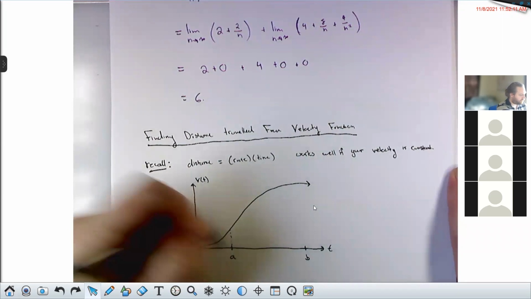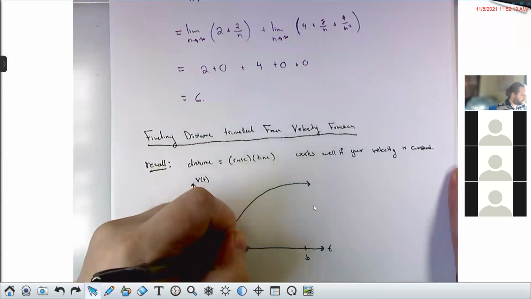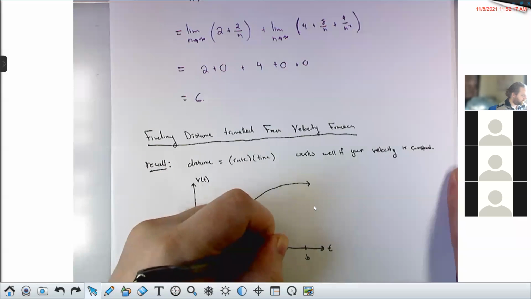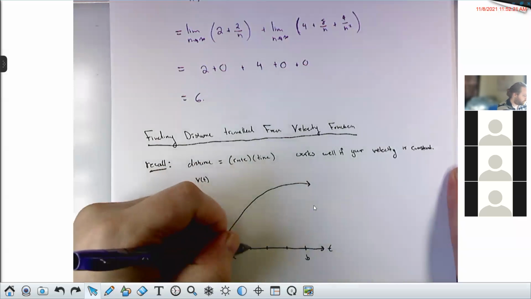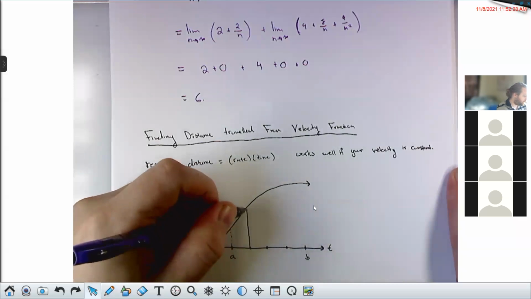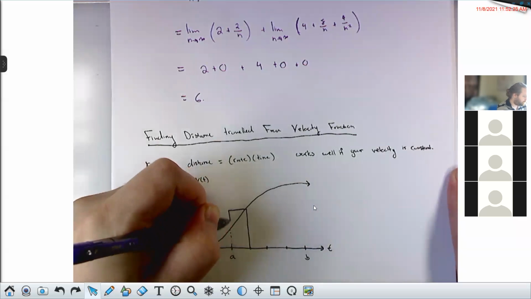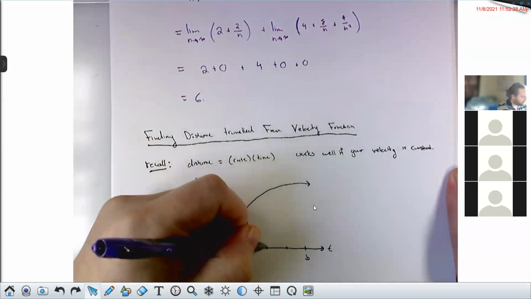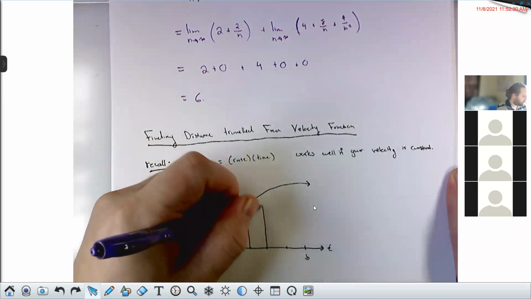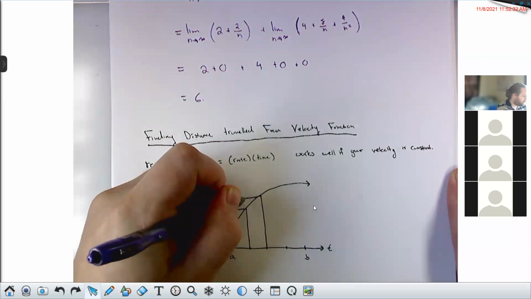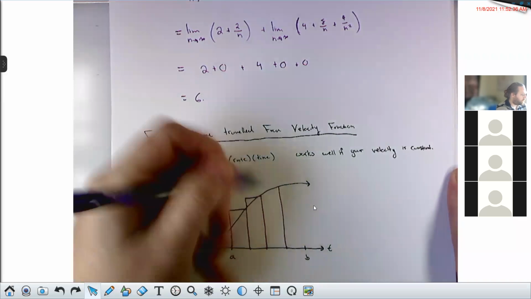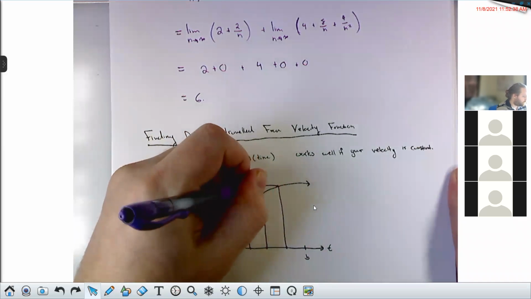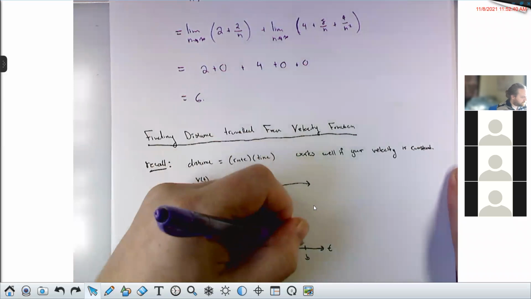If you chop this interval up into a few subintervals, let me just do 4 for now, and construct a Riemann sum, say the right endpoint Riemann sum, and you think about what each of these rectangles could represent in the physical situation.